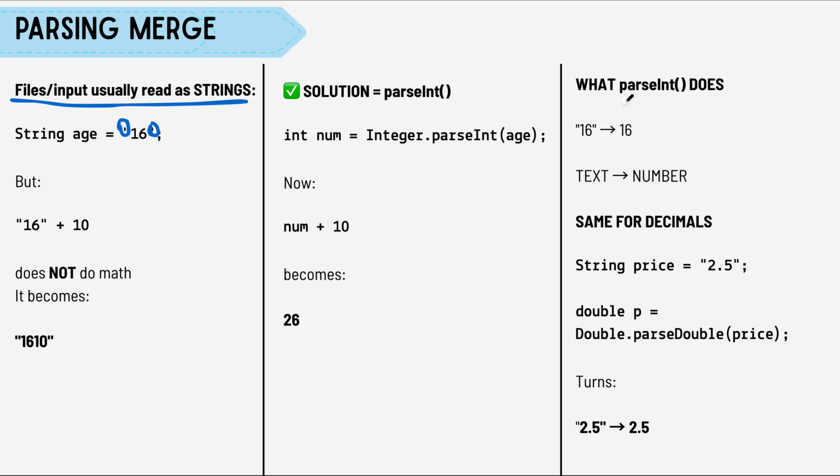So what I would do is use parseInt. That would take off the quotations. From text to a number, that would be done by Integer.parseInt. So that would just be int num = Integer.parseInt. Just understand how that works, and it's going to add the num as an integer and give us 26. Same for decimals, just use Double.